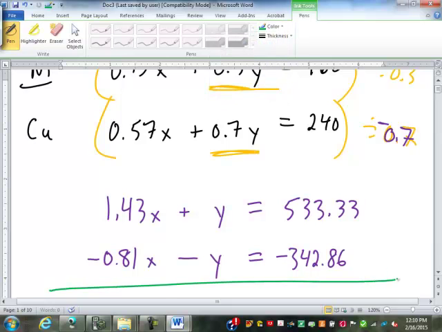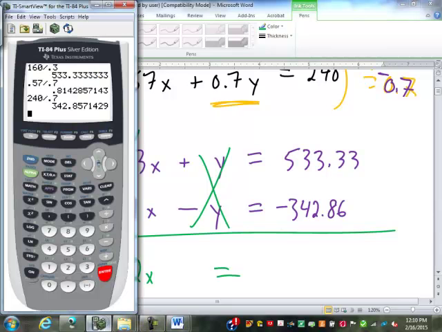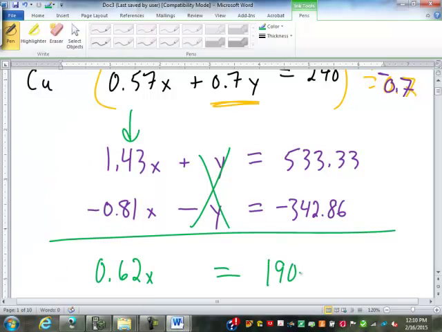We're going to use elimination or addition. We're just going to add right down the columns. So 1.43X plus a negative 0.81X is 0.62X. Positive Y and negative Y cancel out. 533.33 minus 342.86 is 190.47.